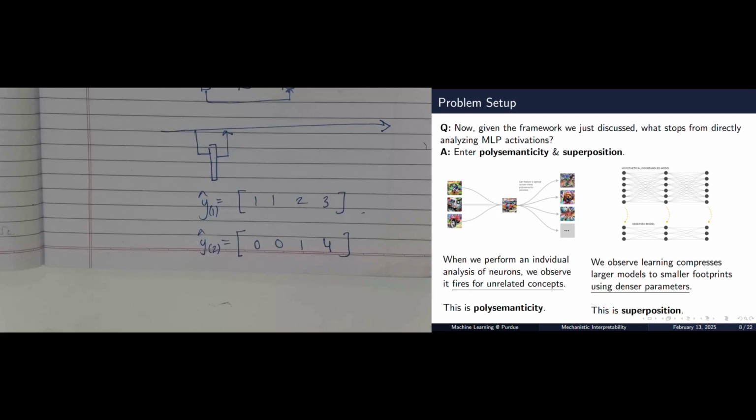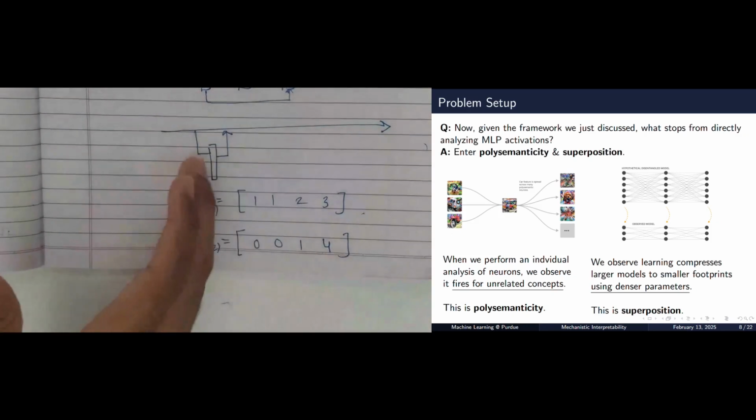So the other problem that comes into play is that the process of learning compresses larger models into smaller footprints using denser parameters. And this has been induced by distillation a lot as well, where we simulate the performance of a much more powerful model by basically forcing or encouraging superposition, in a sense where you have a larger theoretical network, and this theoretical network can be monosemantic in nature, wherein it fires for one specific concept only.